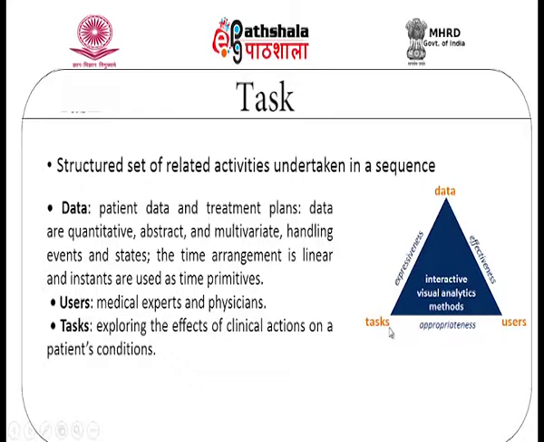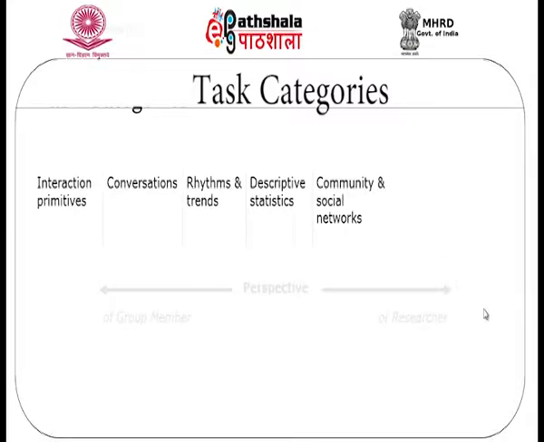Using such tasks, it is possible for the users to perform various activities on the data that is available, and the users can come to certain conclusions by performing various tasks on it. If we look at the various task categories associated with the data, they can be classified as interaction primitives.